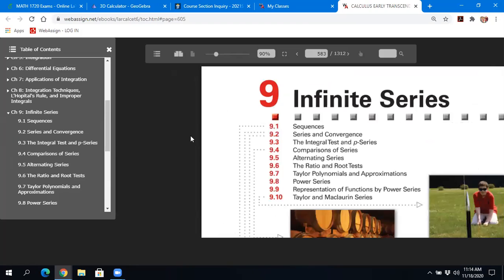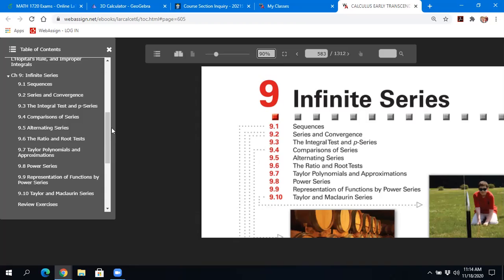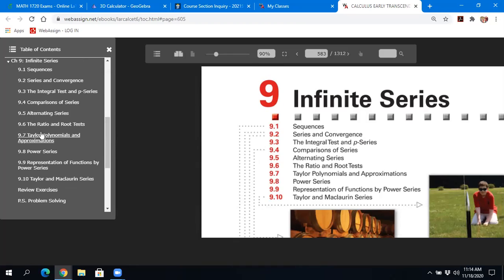So I don't know that I need to go all the way back to the beginning of Infinite Series. But one thing I would suggest is if you go to the section on power series, that's where you really start to understand if you know what you're doing, okay?